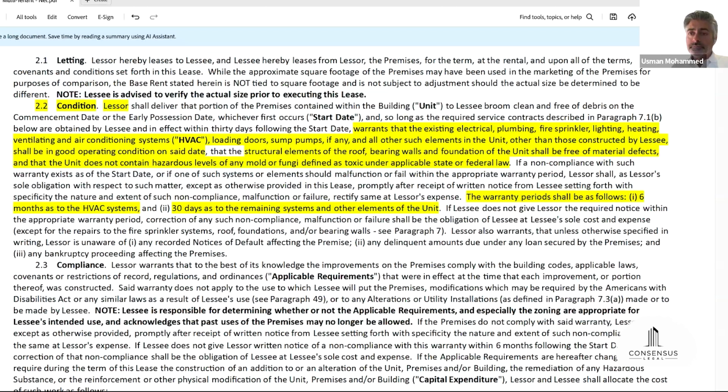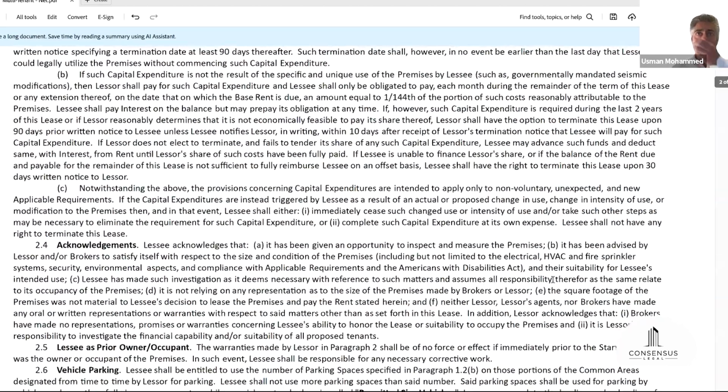Alejandro asks about 7.2. Okay, you would like clarification on the subject to reimbursement provision in 7.2. So let's go back to 7.2.